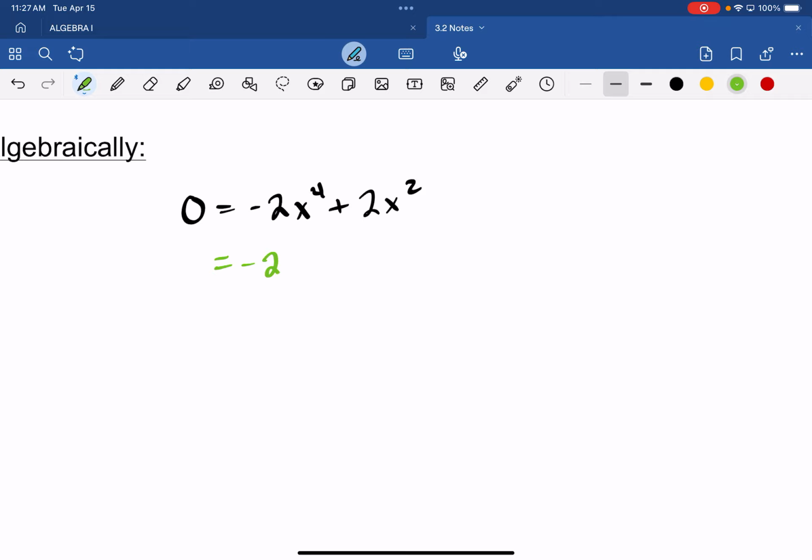I'm going to take out a negative 2x squared. Always take out a negative. If you have a negative in your leading coefficient, get rid of it. So I'm taking out a negative 2x squared, so I have left over an x squared minus 1.